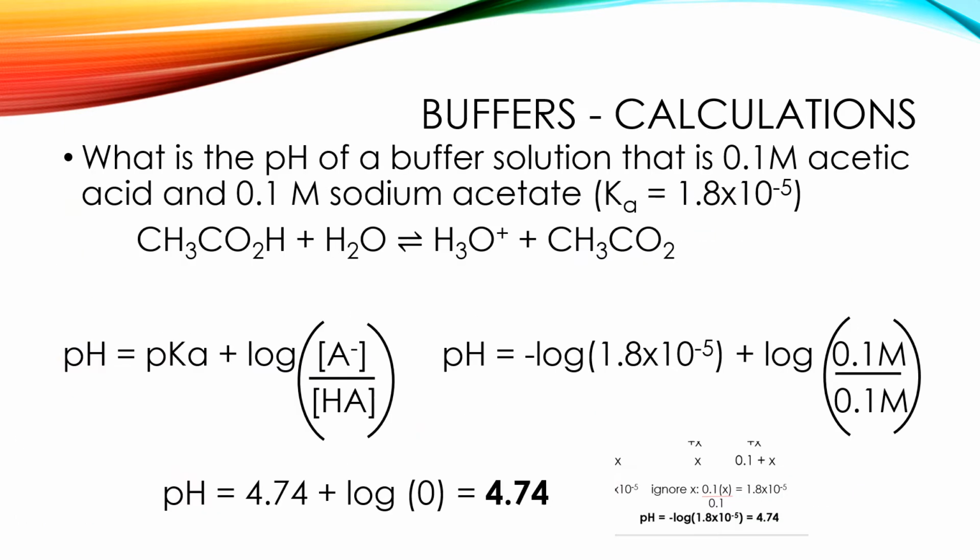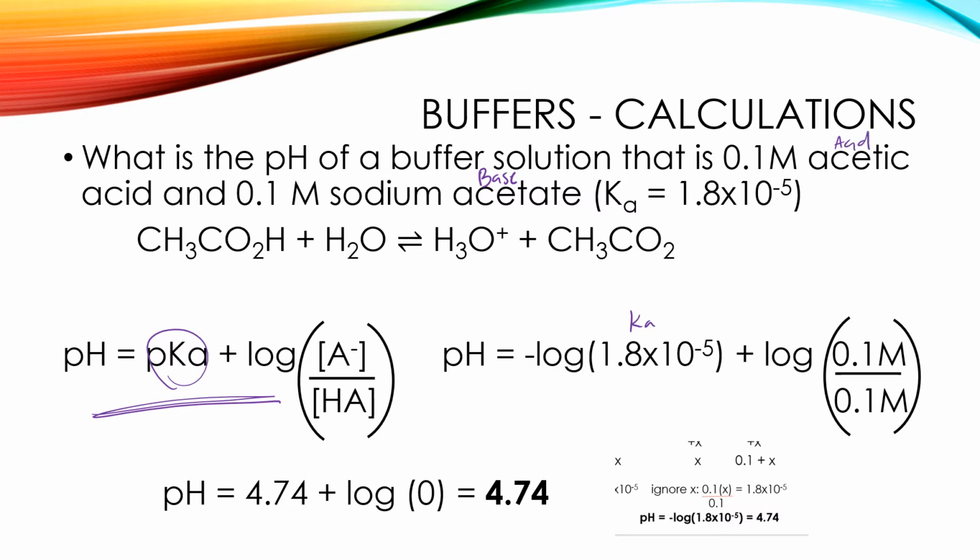Okay. So let's look at the same problem from the slide before. We have a buffer solution, 0.1 molar acetic acid, 0.1 molar sodium acetate. But this time, I'm going to use the Henderson-Hasselbalch equation to do it. So I'm going to plug in pH equals the negative log of Ka, because that's my pKa, plus the log of, this is my base, and this is my acid.